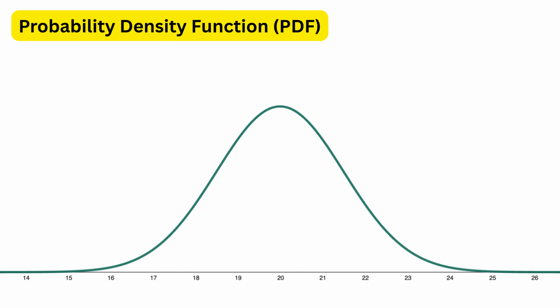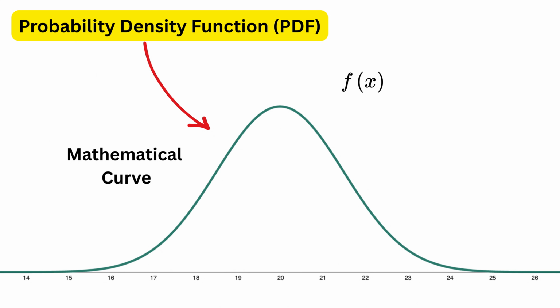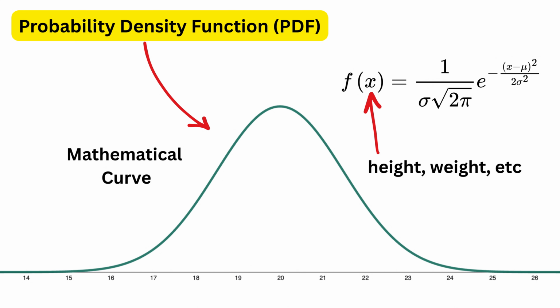Now we will talk about PDF. The probability density function, abbreviated as PDF, gives the mathematical curve of the bell for a normal distribution. Basically, if we have a function f of x, which looks like this, where x is just a variable that represents any value on the horizontal axis, like a height, a weight, or exam scores, or any continuous number.